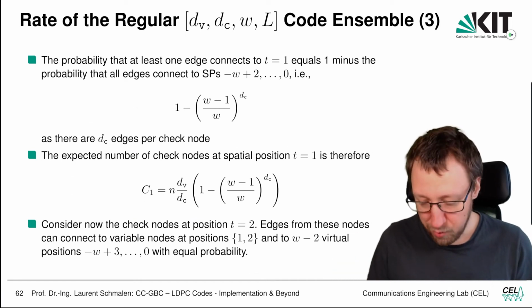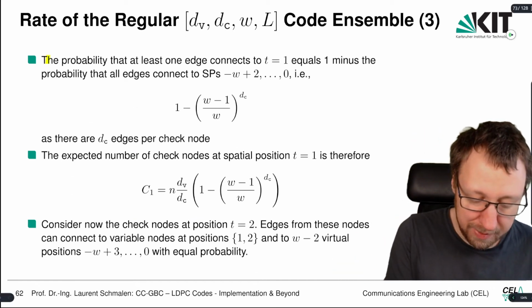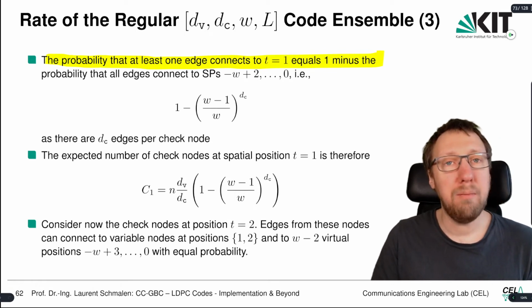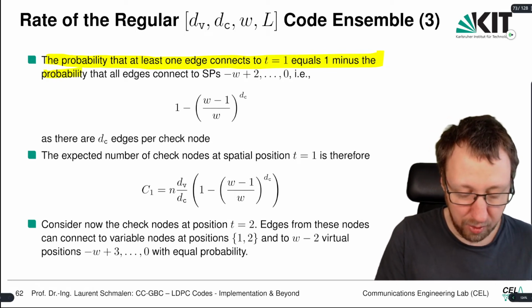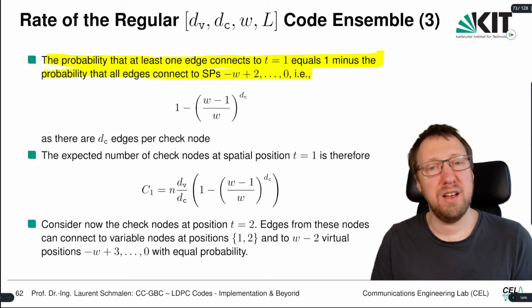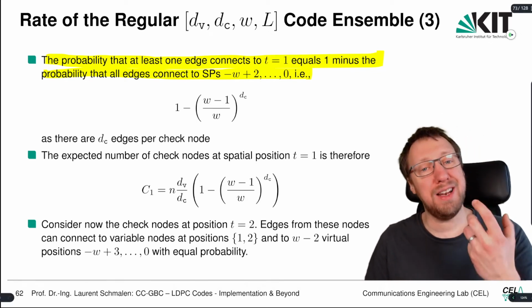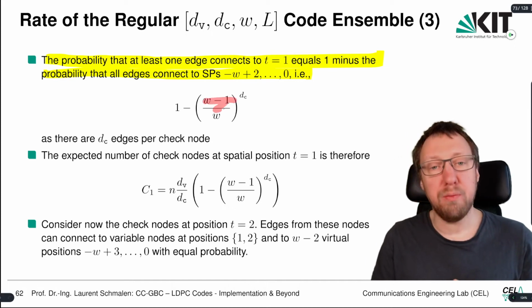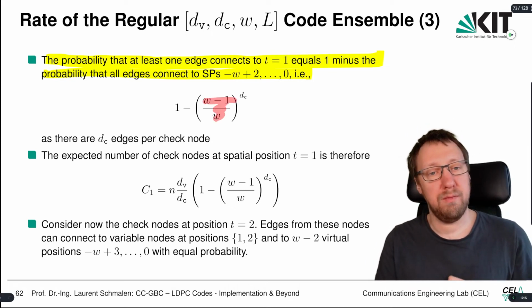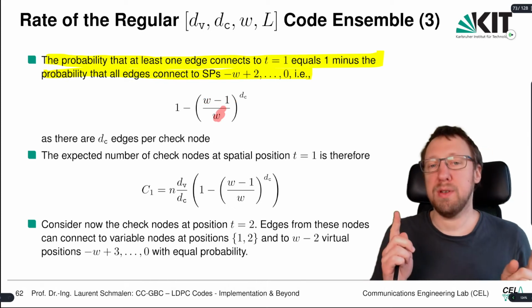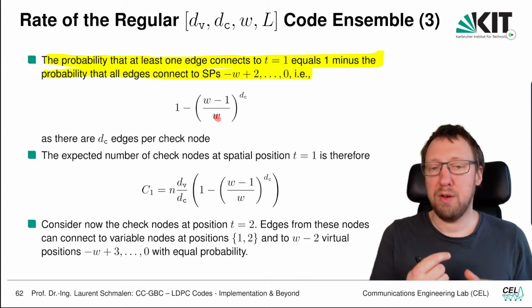So let's summarize here. The probability that at least one edge connects to t equals 1 minus the probability that all the edges connect to the other positions. And the probability to connect to the other positions is w minus 1 over w. So you have w minus 1 virtual positions, there are w positions in total, so it's w minus 1 over w.